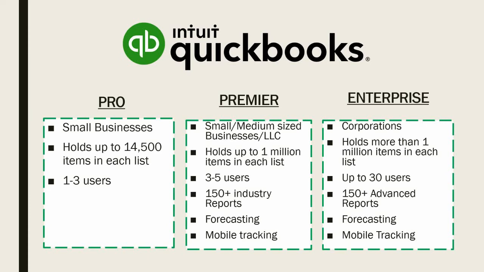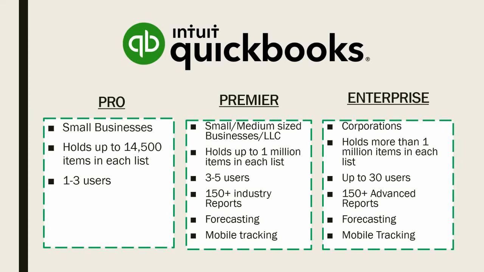And of course, if you upgrade to the last software here, which is going to be Enterprise. Enterprise is for the larger types of companies, for example, corporations and LLCs, or businesses that have billions and billions of people involved in the company.